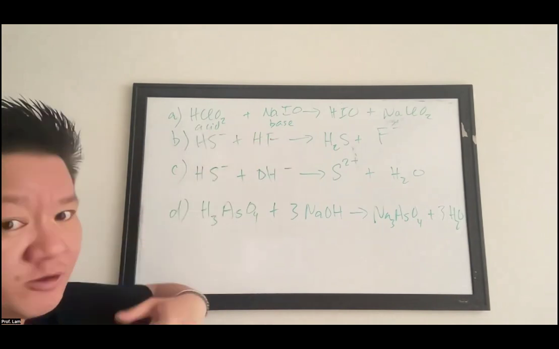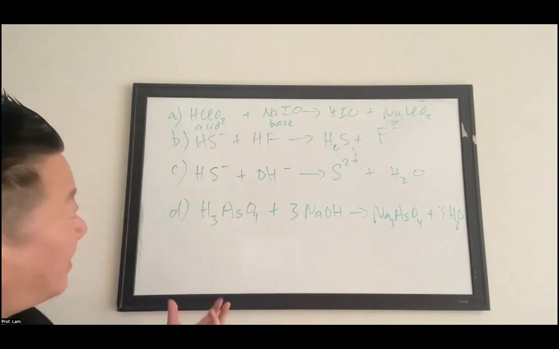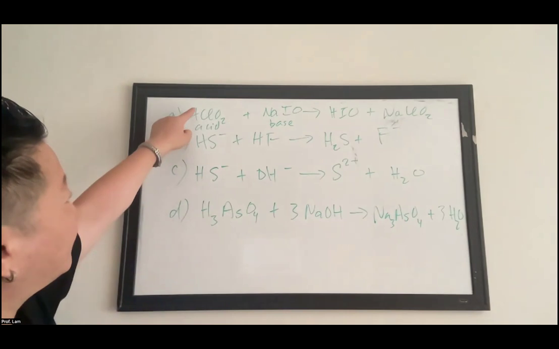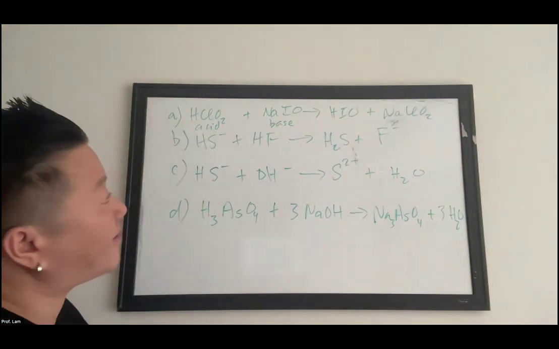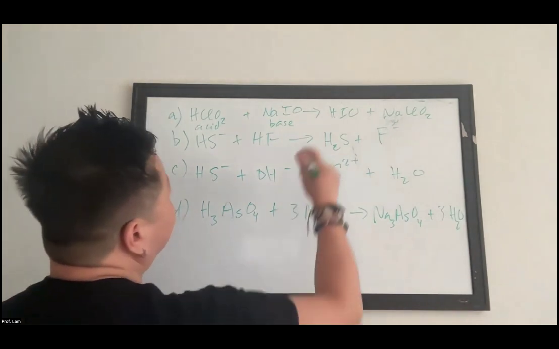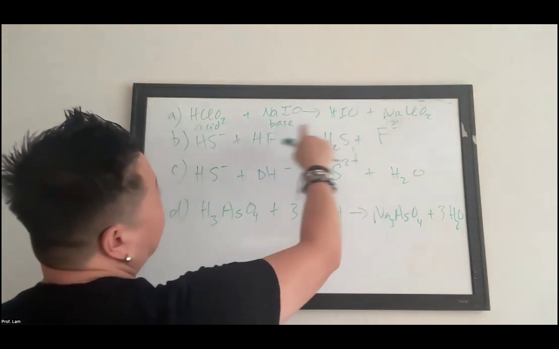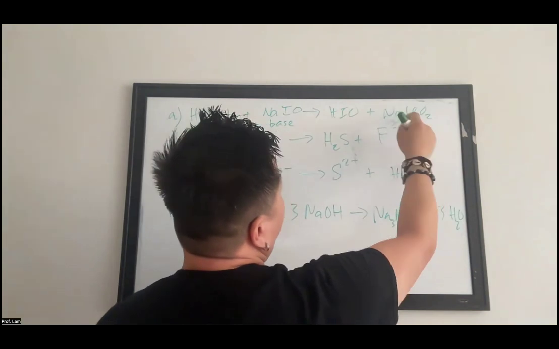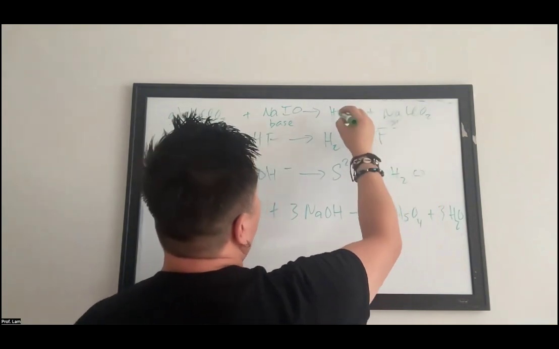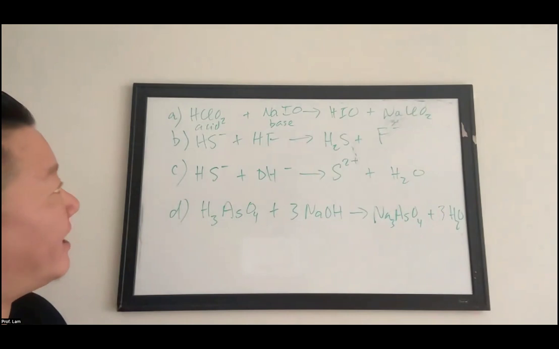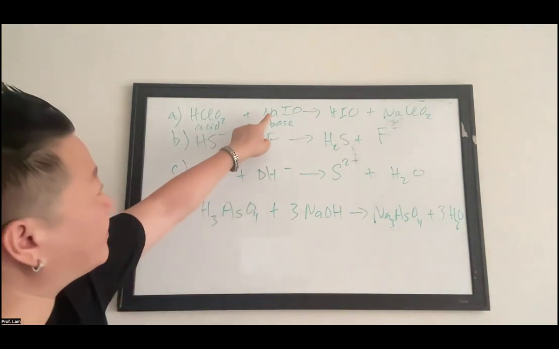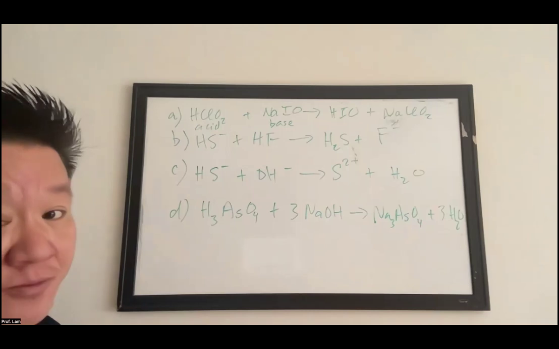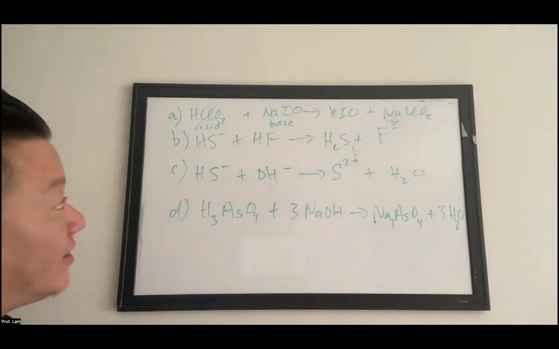So once you have it labeled, it's pretty easy to just move the proton. So let's move this proton over here. So you're going to have HIO, and then what's left is sodium chloride. So HIO plus sodium chloride, right? So that H plus moves over here, and then the sodium plus goes with the ClO2 minus. Remember that that is your polyatomic, okay?